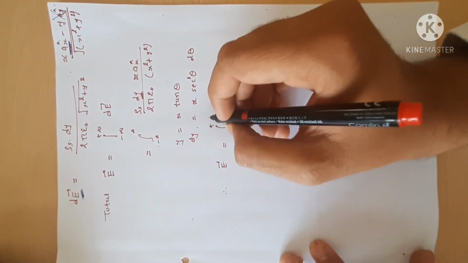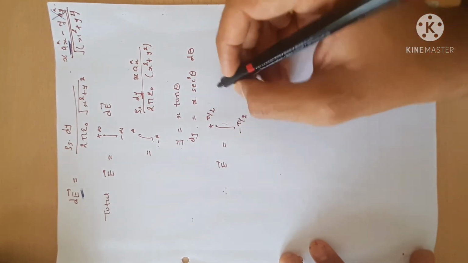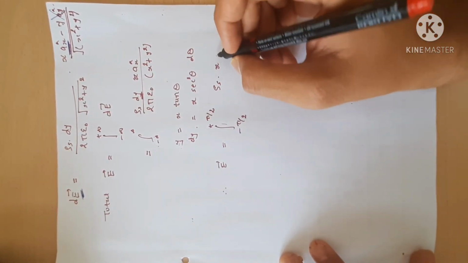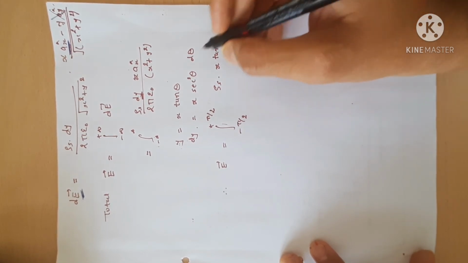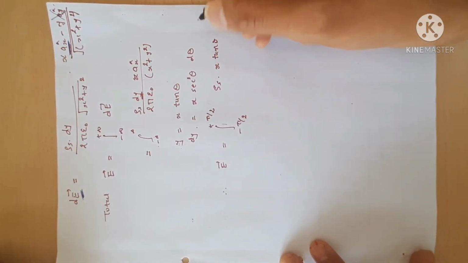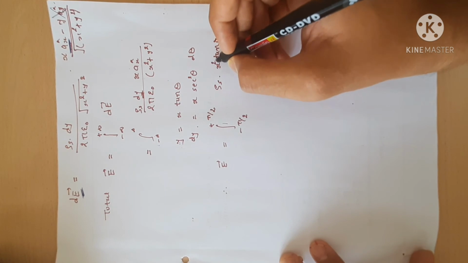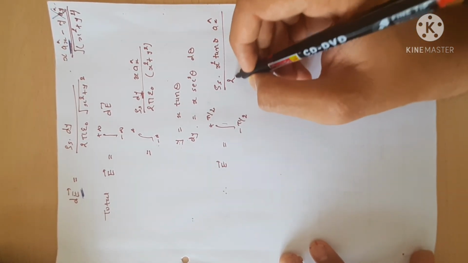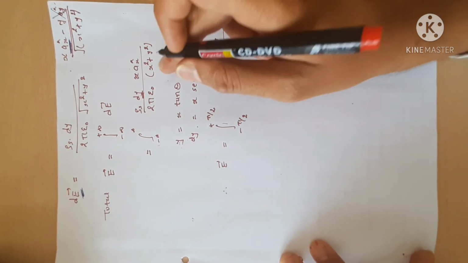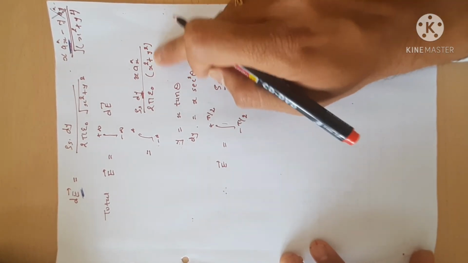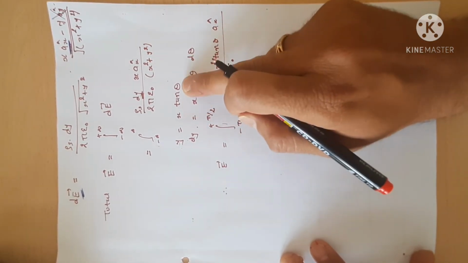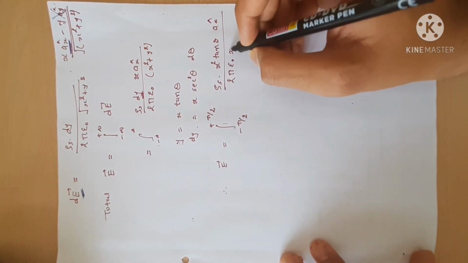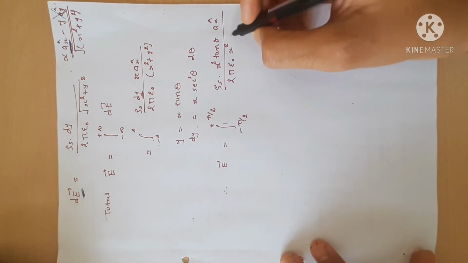If you put all those values, the integration limit changes from minus pi by 2 to plus pi by 2. Rho s dy is x tan theta. X remains as it is, so it is x square into ax divided by 2 pi epsilon 0. Here x square plus y square, but y is x tan theta, so it is x square plus x square tan square theta. X square is common, and 1 plus tan square theta is sec square theta.